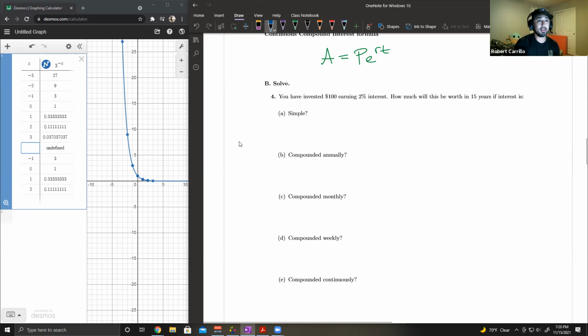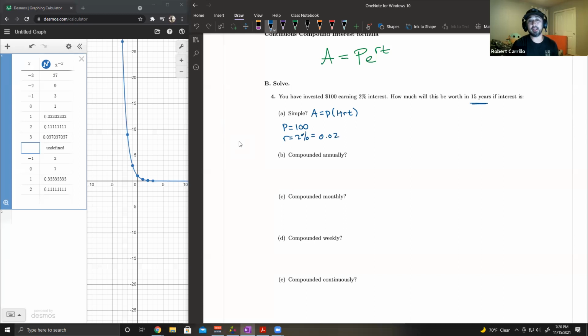So here we use the simple interest formula. A equals P times 1 plus RT. And it's good to, again, label everything we have. So the beginning amount, we are putting in $100. The rate we're getting is 2%, but remember, you always convert to decimal.